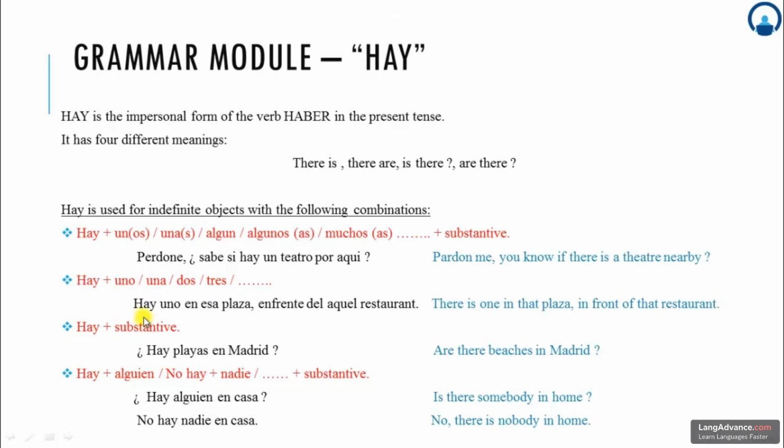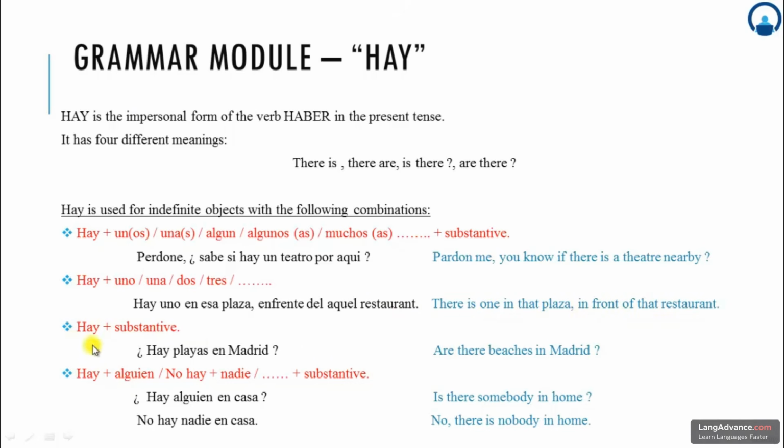For example, hay uno en esa plaza, enfrente del aquel restaurante. That means there is one in that plaza in front of that restaurant.